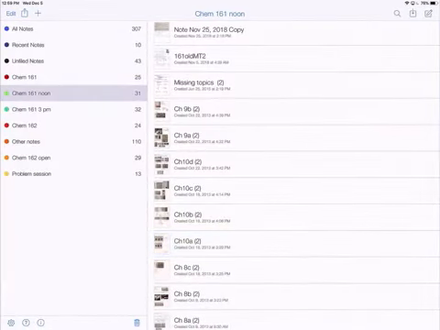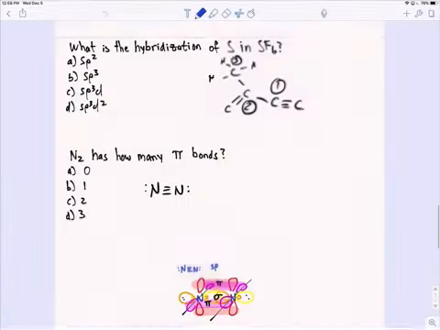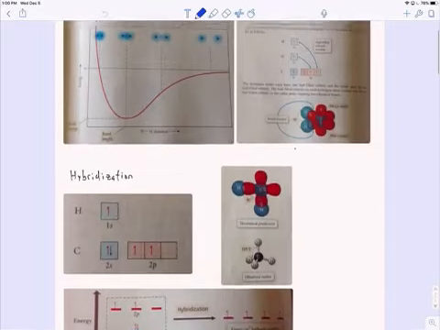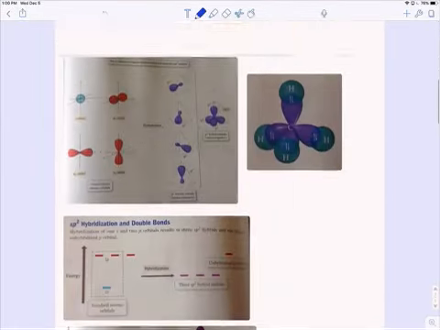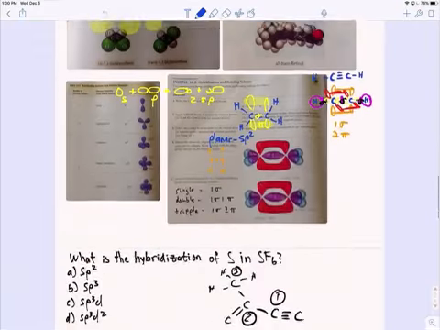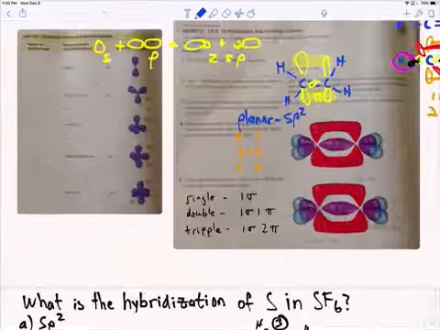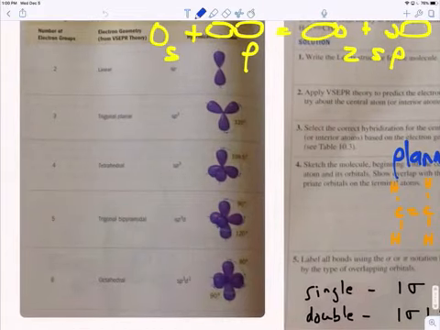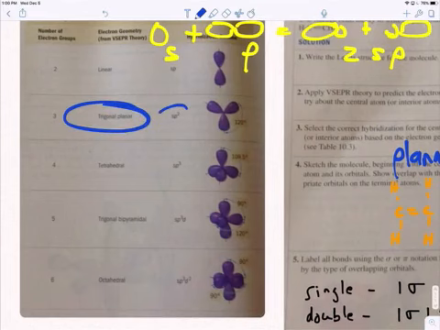And then you will also be given, what's that chart? Oh, this one here, sorry. And you're also given this chart so that you know planar geometry is SP2.